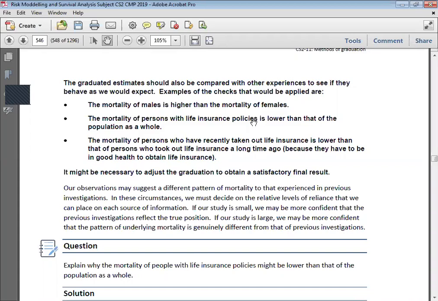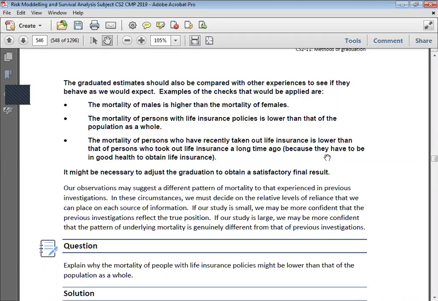Okay, so in this particular case, this is again debatable, but generally what we see is that people who have life insurance policies are checked. They have undergone a thorough investigation of whether they are more likely to die or not. And if the insurance company finds out that this person is already smoking a lot, or already has a heart disease, so they're more likely to die, then they will not give that person insurance, right?